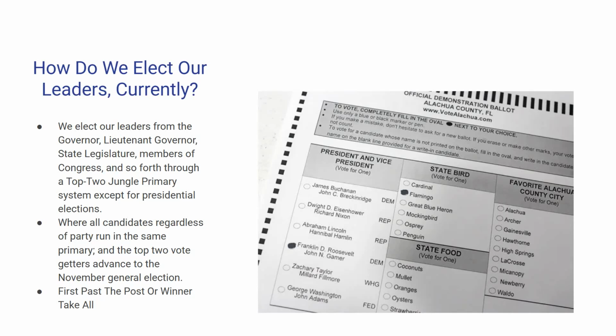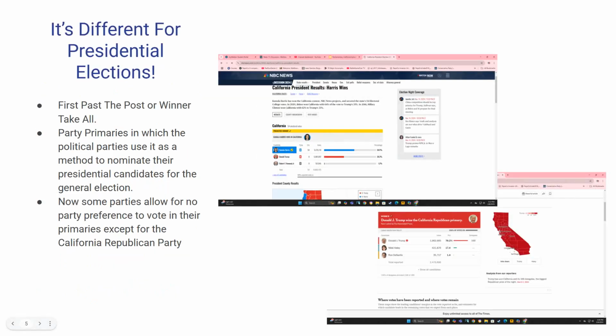for presidential elections. Part of the reason why we don't use the top two primary system to elect the president is because of the electoral college, the complexities of the electoral college, and how it really relies a lot more on political parties.